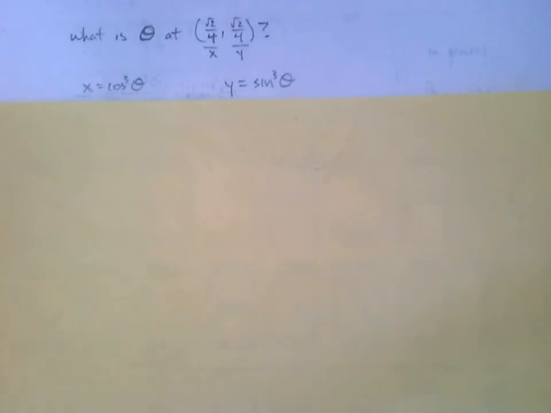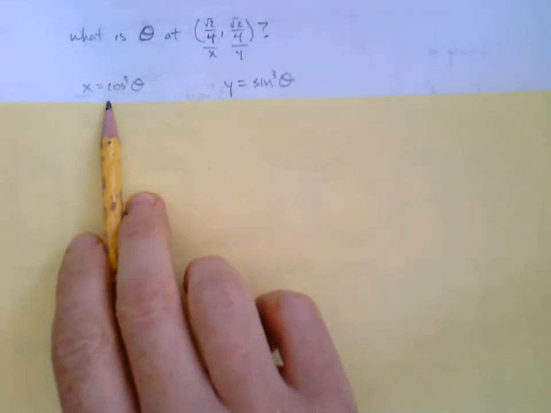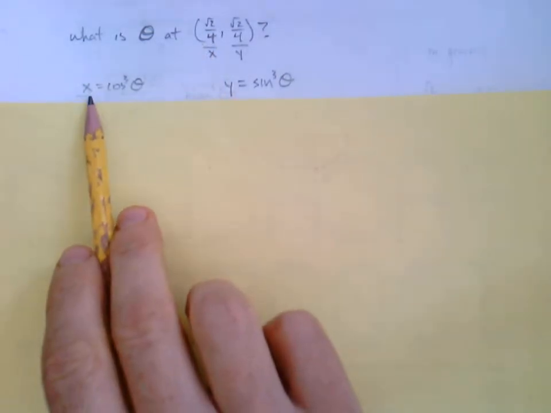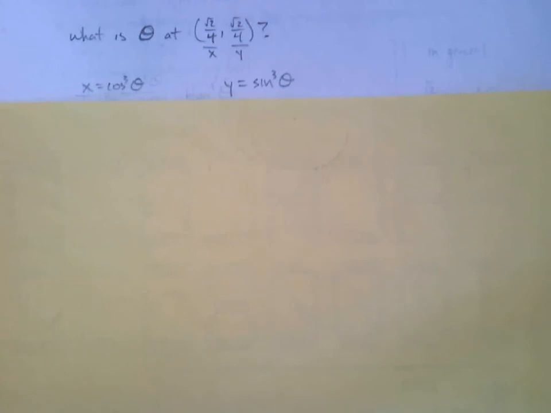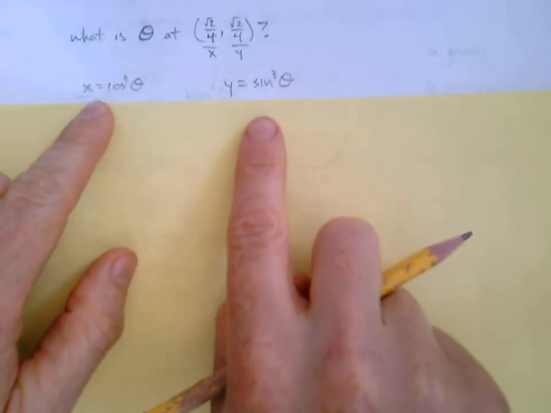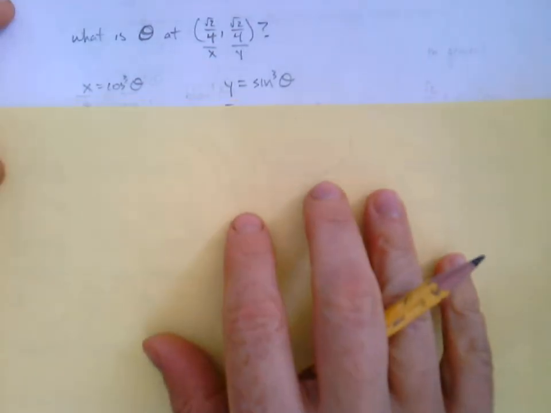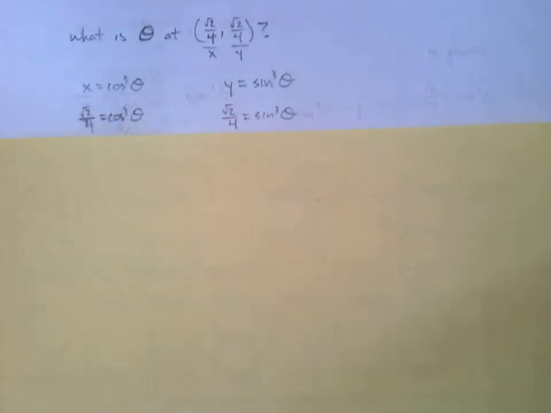Here's what I'm going to do. Remember, x equals cosine cubed theta, y equals sine cubed theta, those original parametric equations. I'm going to take that value of x, that value of y, and figure out what theta is. And they'll need to agree. So let's do this side by side. I'll zoom in a little bit.